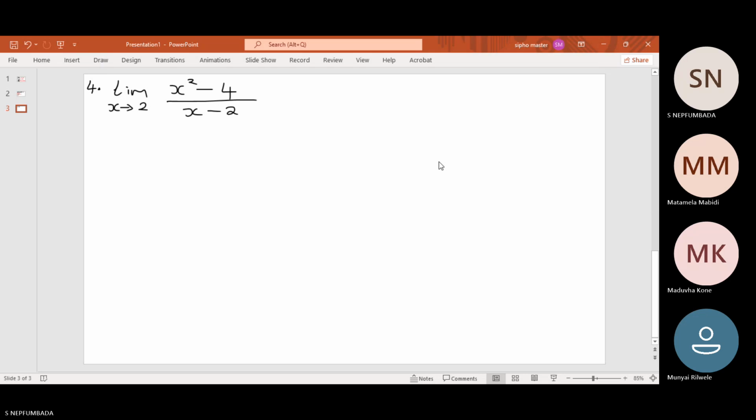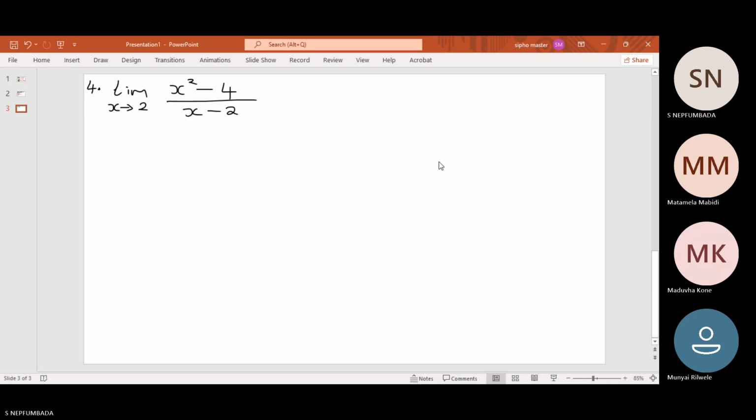Guys, can you see this limit? On your calculator, when you substitute with the 2 where there's an x, what do you get?